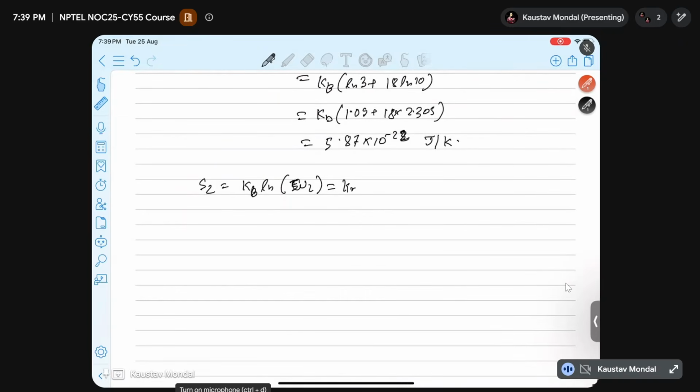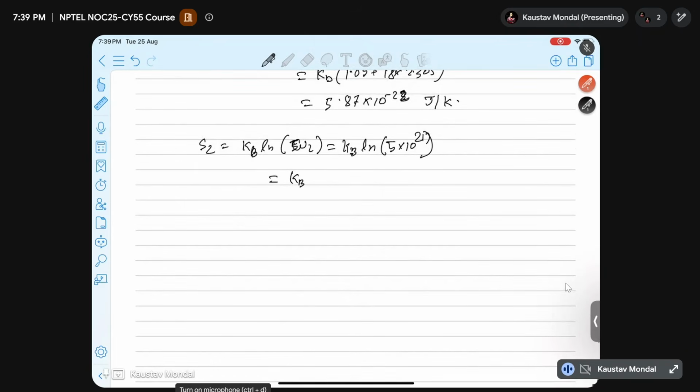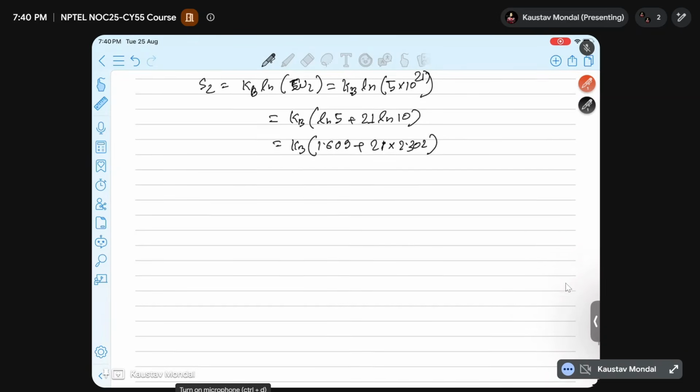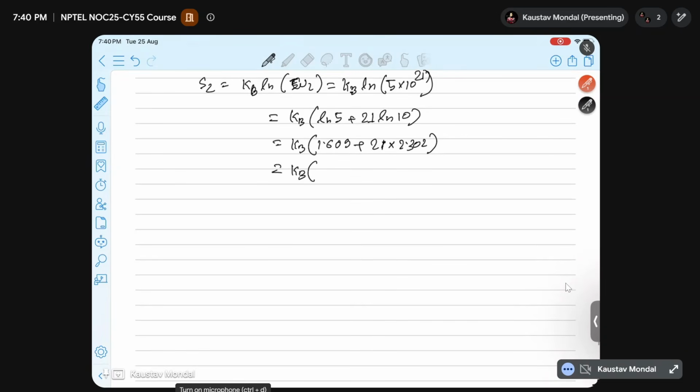So kB into ln of 5 into 10 to the power 21, kB into ln 5 plus 21 into ln 10. kB, ln 5 is 1.609 plus 21 into 2.302, kB into 49.964.